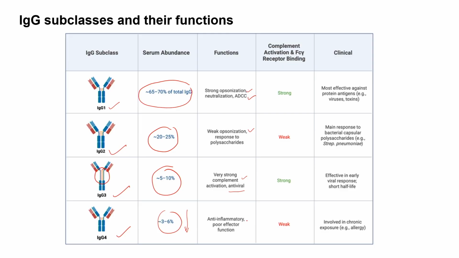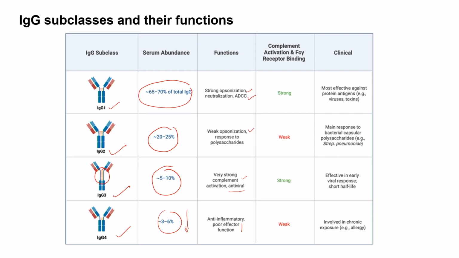And G4 is mostly anti-inflammatory, so it can work against inflammation, and also it has a poor effector function, so it can't do very high-quality neutralization or opsonization. So in terms of complement activation and binding to Fc gamma receptor, G1 is strong, while G2 is weak and G3 is again strong and weak.